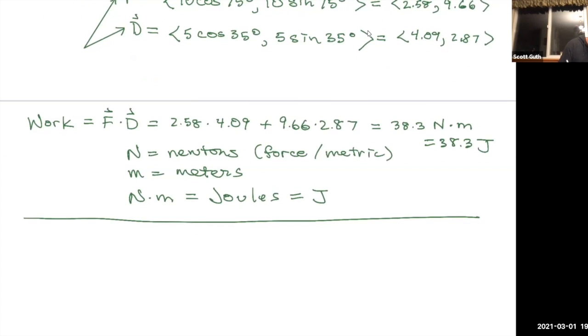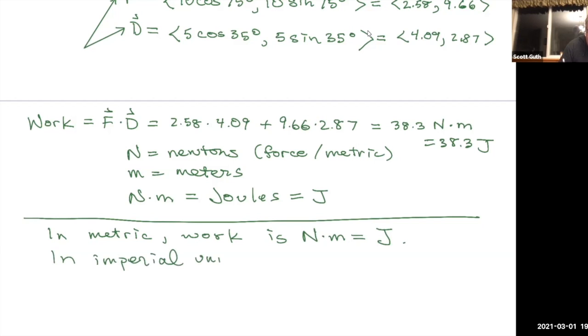So in metric, work is Newton meter, which is joules. In imperial units, work, again, you're doing force times distance.